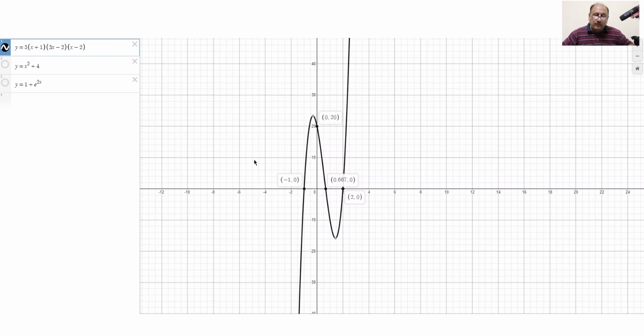These graphs are very nice practice. Keep in mind this software will not be available in the exam, but you can use it to double check your answers.